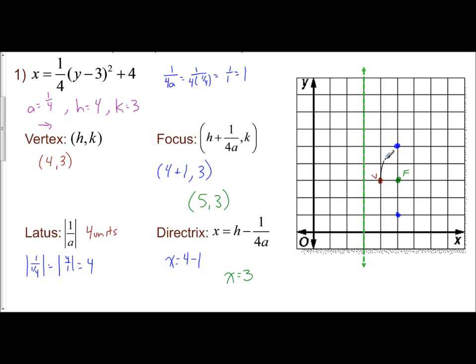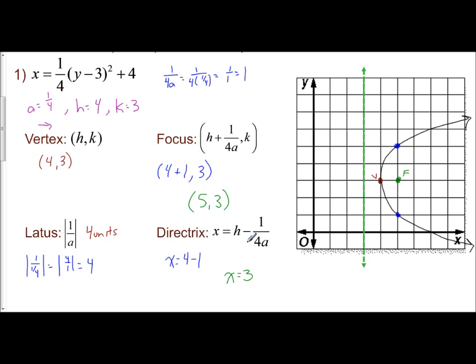You're going to come up, curve through these points. I'm going to come down and I'm going to curve through the point I found using the length of the latus rectum. And there is my horizontal parabola represented by the equation x equals 1/4 times the quantity y minus 3 squared plus 4.